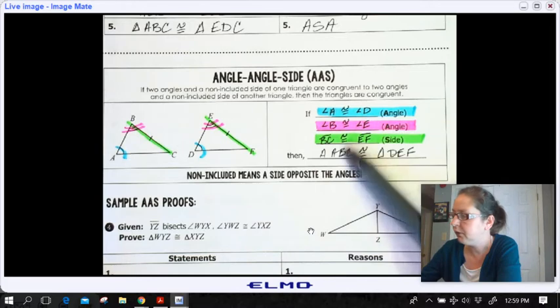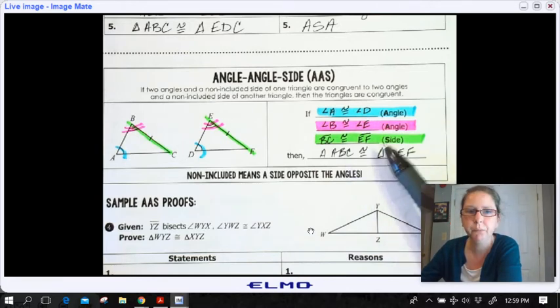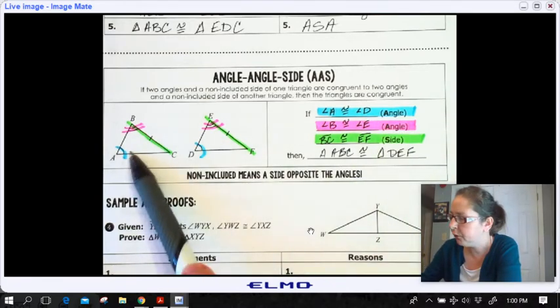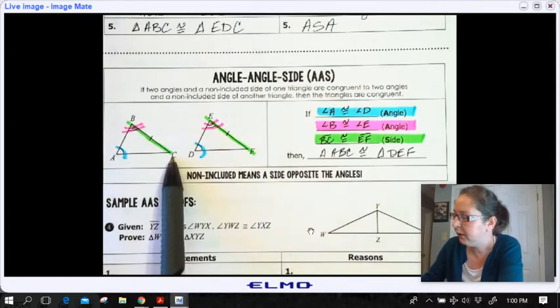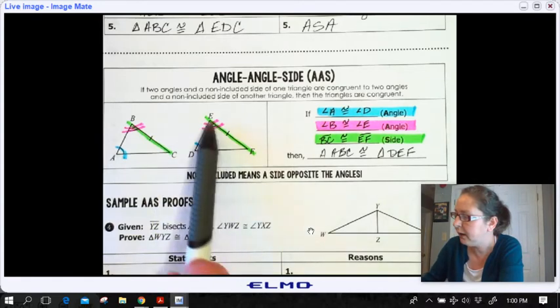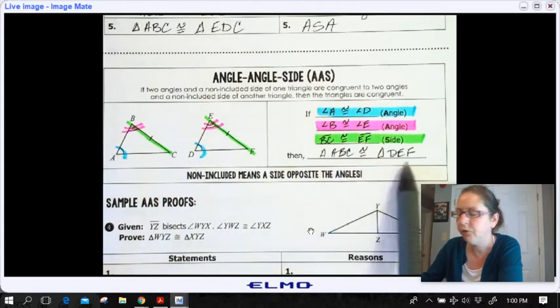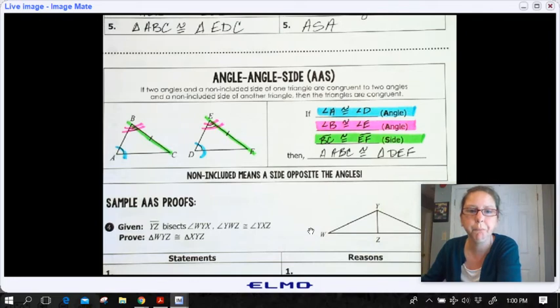Non-included means a side opposite one of the angles. And here's how this looks if I write it out mathematically. Angle A is congruent to angle D. Angle B is congruent to angle E. Side BC is congruent to side EF. So therefore, these two triangles must be congruent.